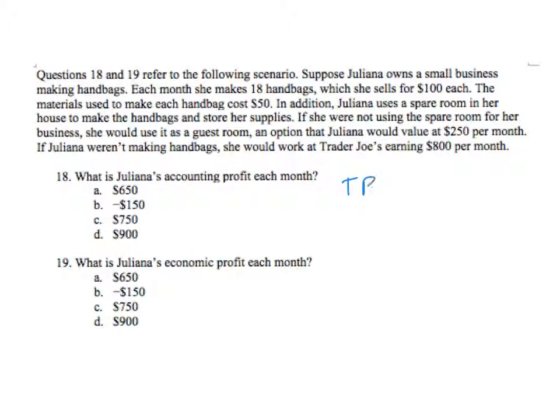Juliana is selling 18 handbags at $100 each, and so her total revenue is $1,800. The materials used to make each handbag cost $50, and this is an explicit cost. There are no other explicit costs in there.